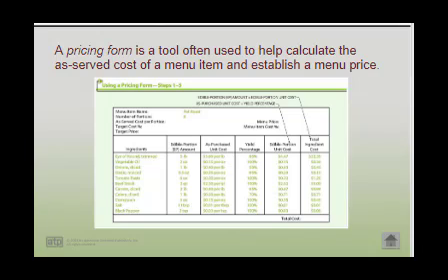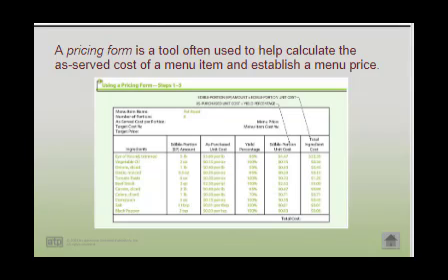Number 2, record the as-purchased unit cost of each ingredient. It is necessary to convert the unit cost to the same unit of measure as used in the edible portion amount. Number 3, record the yield percentage for each ingredient.